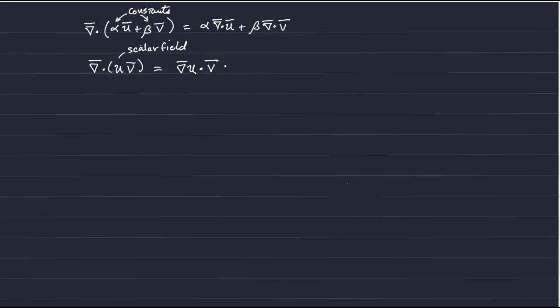That's the first term. And the second term is the scalar field u times the divergence of v. So this operation follows the product rule of differentiation.